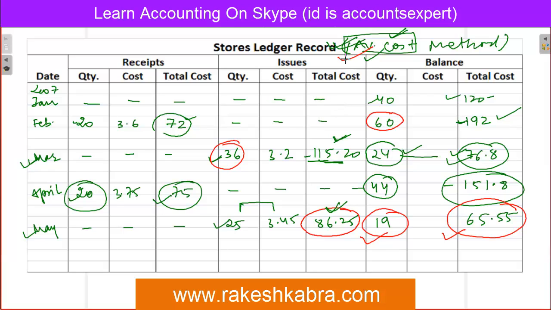So see, in this average cost method, whenever we sell any unit, we just need to compute the average cost. Then by applying that average cost, you compute the cost of goods sold. Then that cost of goods sold you subtract from the cost of inventory in the business before issuing.